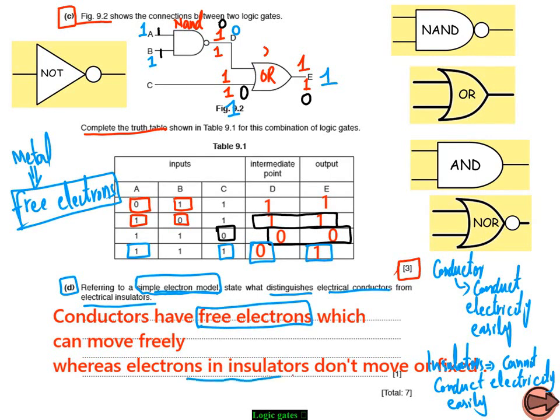On the other hand, in insulators, electrons cannot move freely. Electrons are fixed. That's the reason insulators are not very good electrical conductors. So this is how we can explain using the simple electron model.